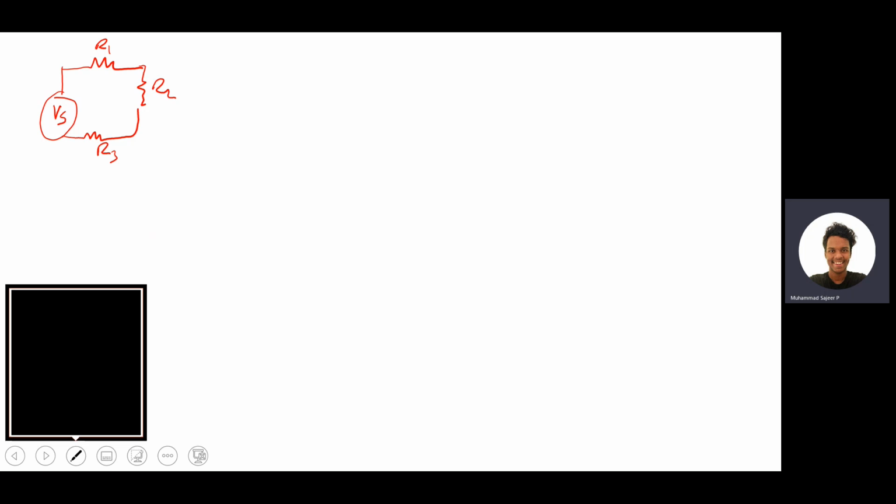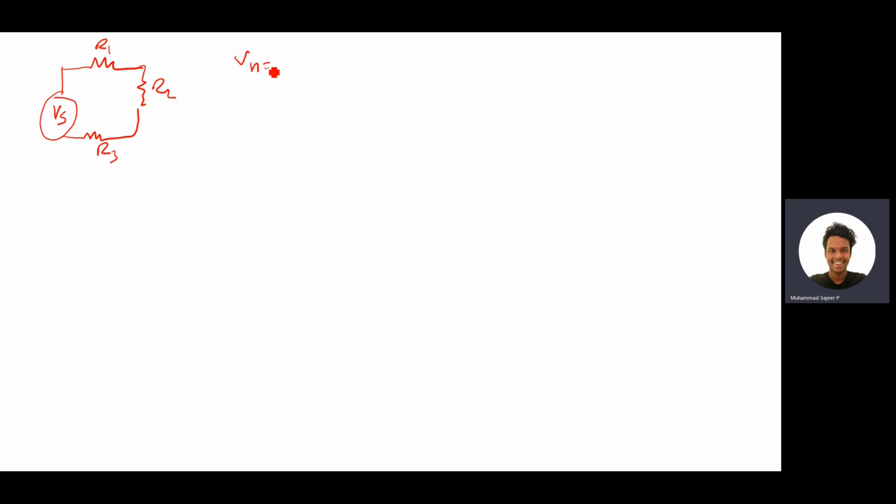For example, if you have a circuit like this, with resistors R1, R2, and R3, the rule is, if you want to find the voltage drop on V1 or V2 or V3, or in general Vn, then Vn will be the source voltage Vs divided by the sum of resistances, sigma Ri, into the resistance Rn.